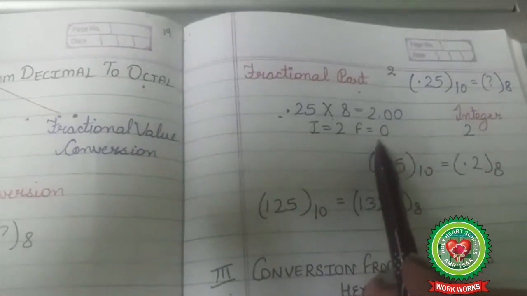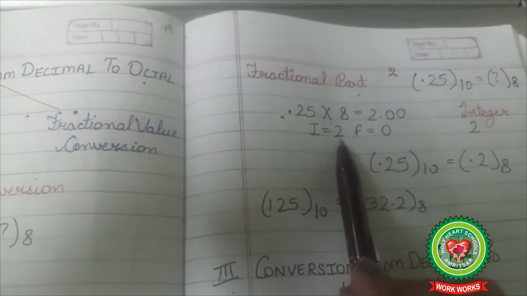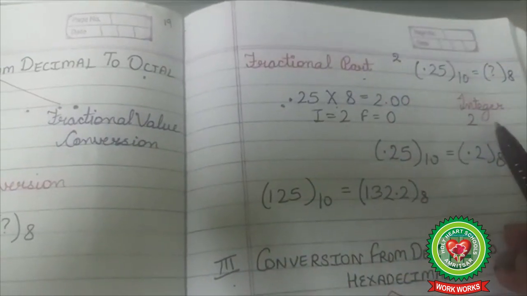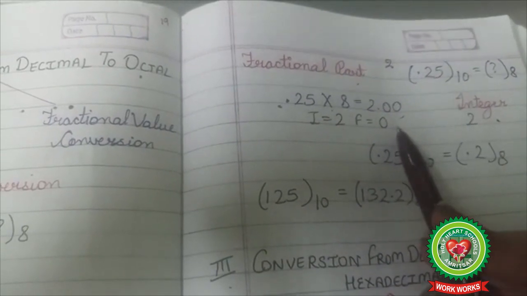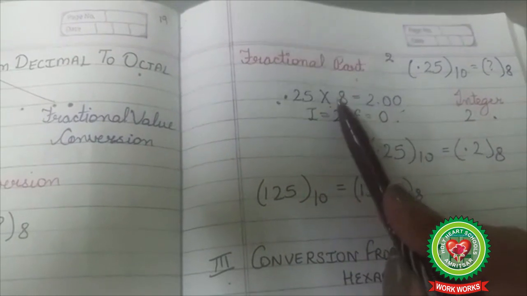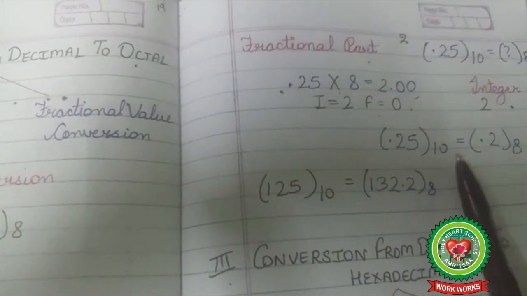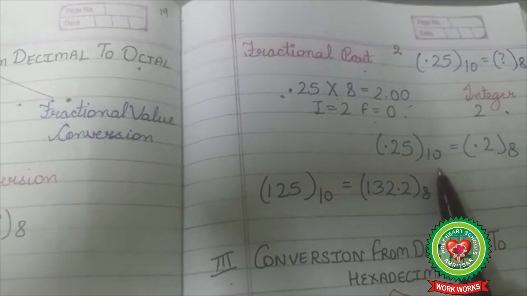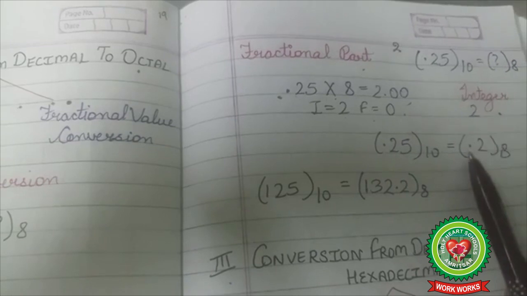So here the fraction becomes 0 and the integer is 2. We will write the integer 2 over here. As the fraction becomes 0, we will not multiply it again with 8. So 0.25 base 10 has an equivalent octal number of 0.2.